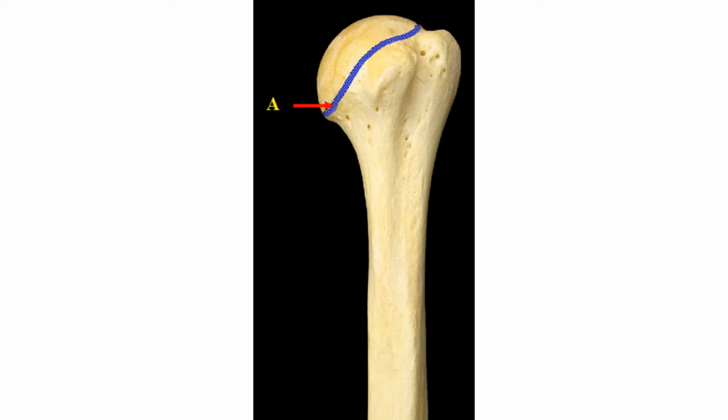Immediately inferior to the head there is a constriction, and this is the neck of the humerus.